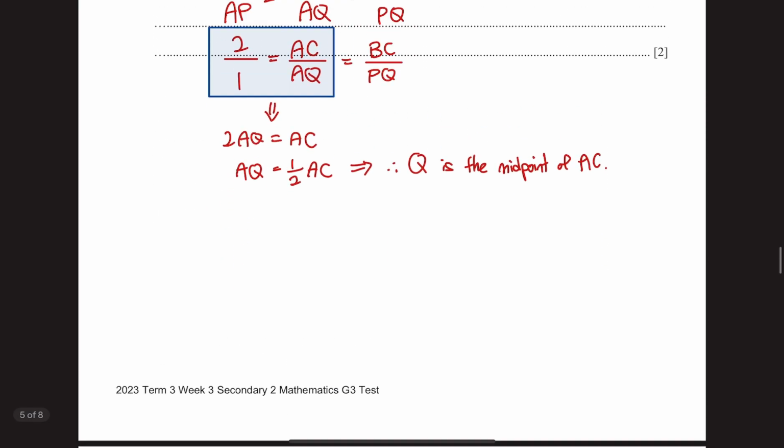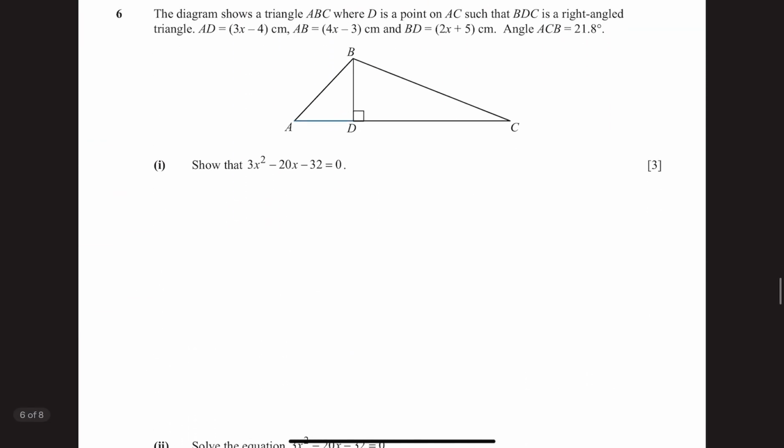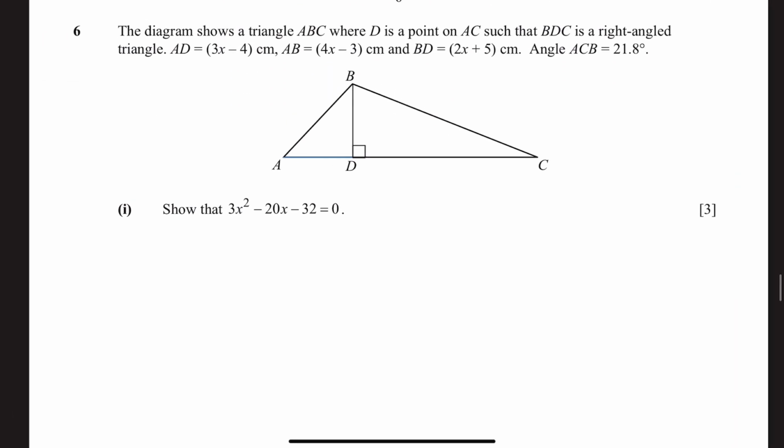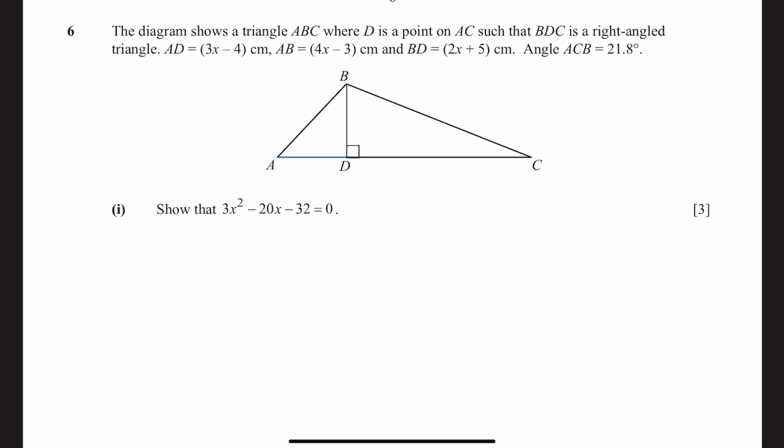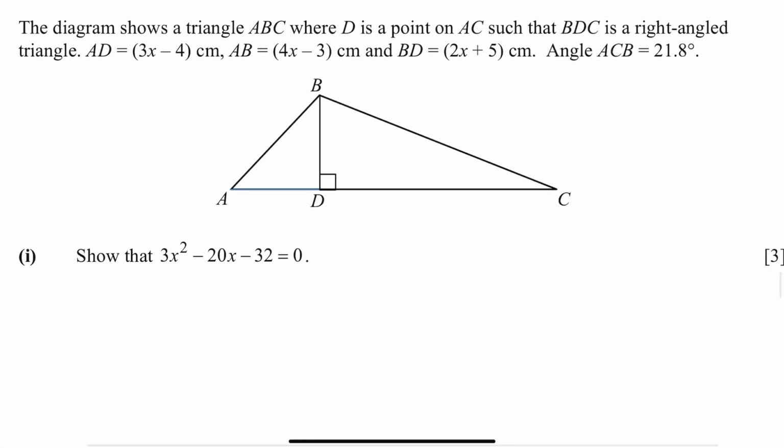Okay, and now let's look at the last question here, question number 6. The diagram shows a right triangle ABC whereby D is the point of AC such that BDC is a right angle triangle. So I know that in a right angle triangle, it will fulfill Pythagoras theorem. Let's label the sides based on the question. Here is 3x minus 4. AB here is 4x minus 3.